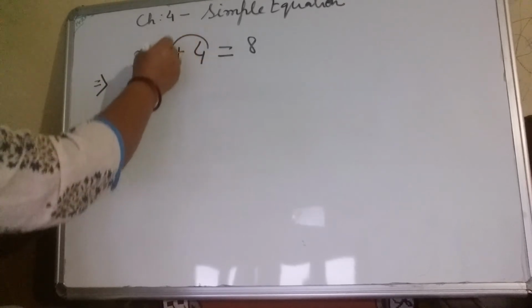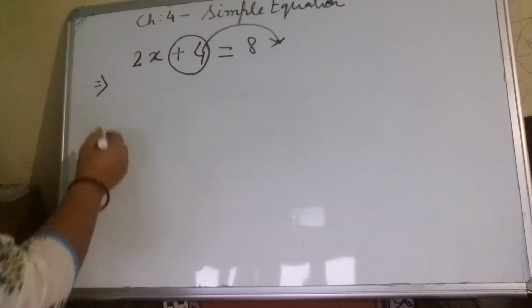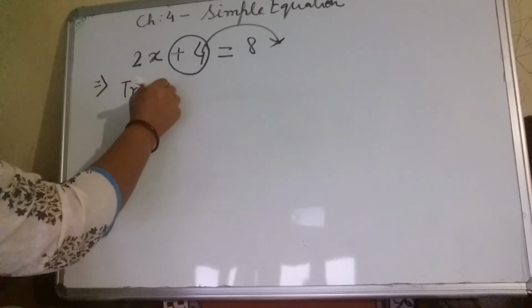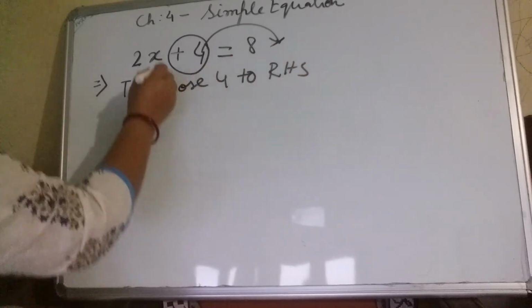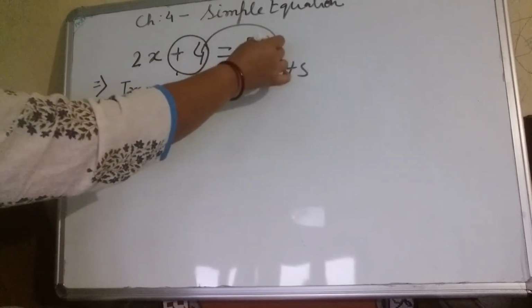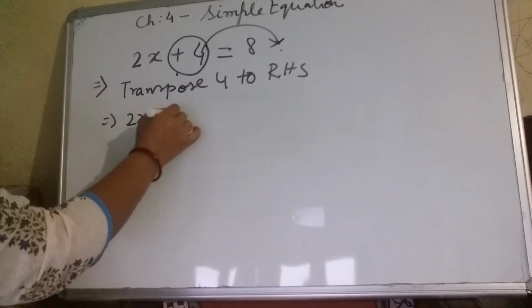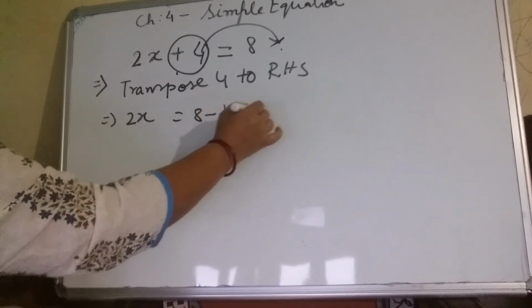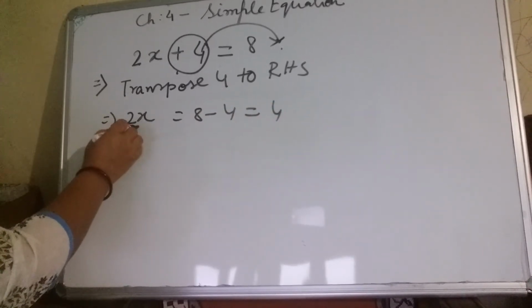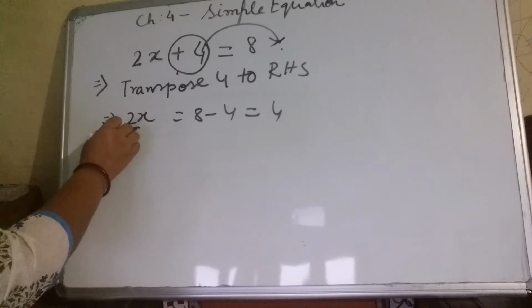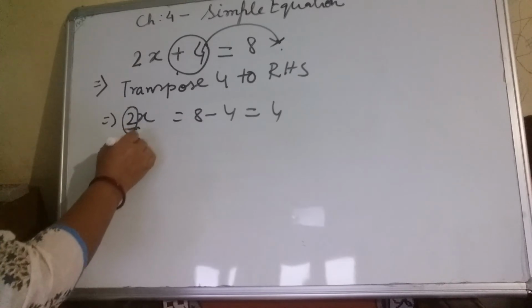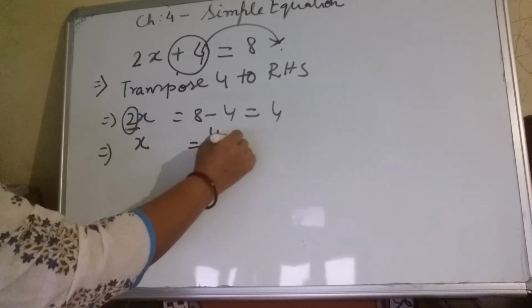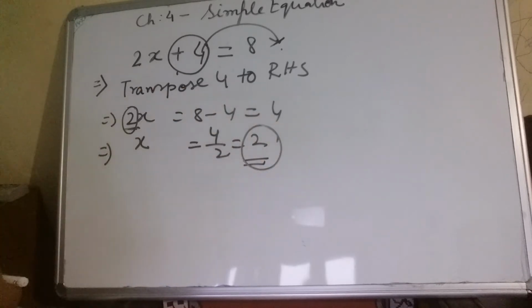Now I will transpose this plus 4 to the right hand side. When I transpose this plus 4, it will become minus 4. So 2x equals 8 minus 4, and 8 minus 4 is 4. Now this is multiplication, so when I transpose this 2 to the right hand side, I have to divide. So your answer is 2. This way also you can do.